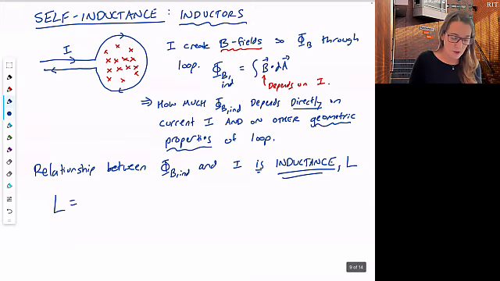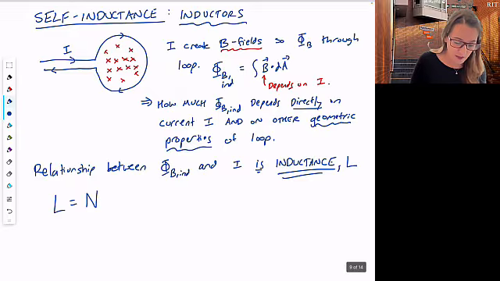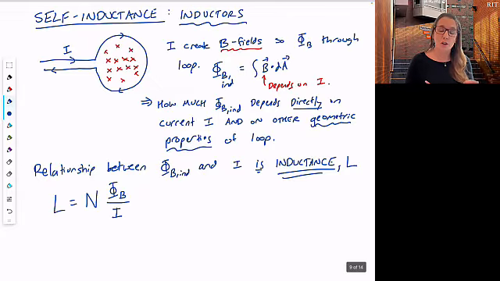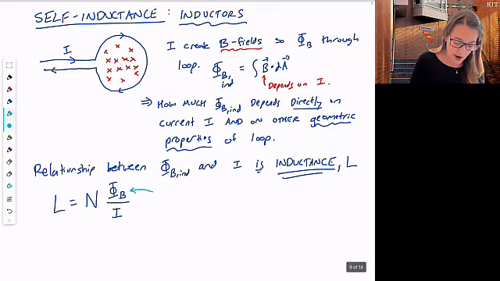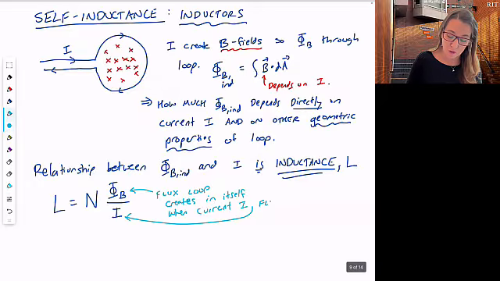So L is going to be equal to, first of all, the number of loops matters, right? The more loops, the more you're going to be able to have this effect. And then times the magnetic flux that it creates itself, the flux the loop creates in itself when a current I flows through it.